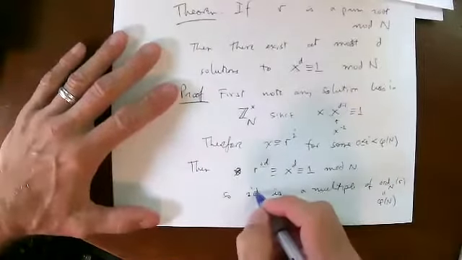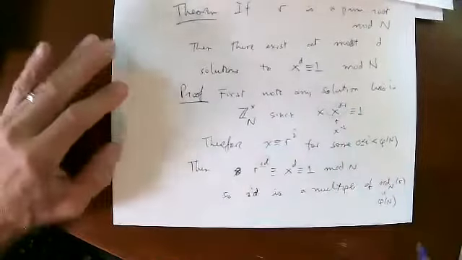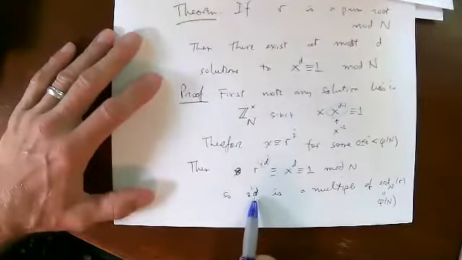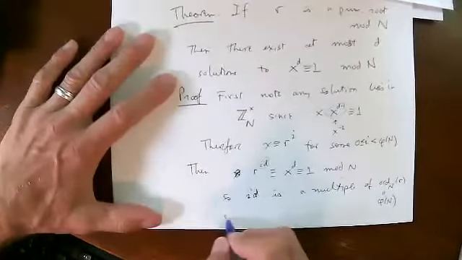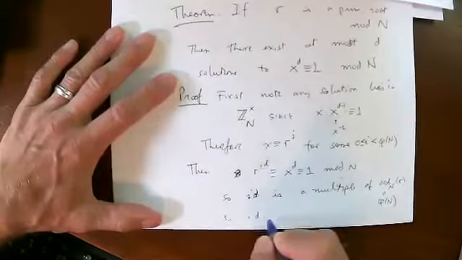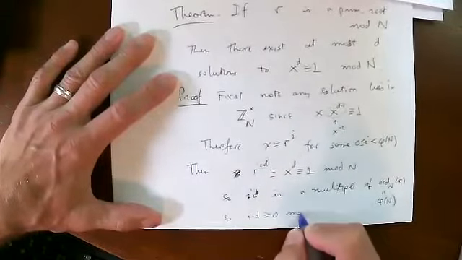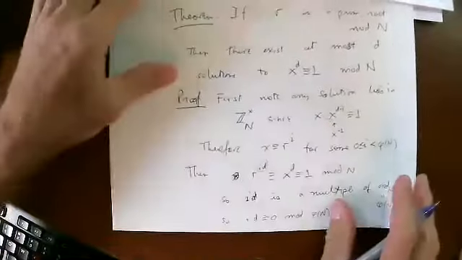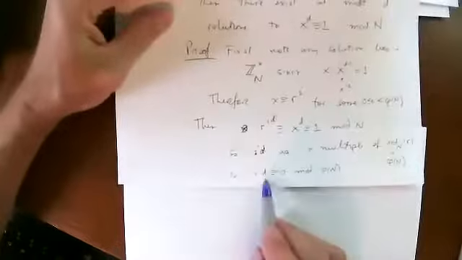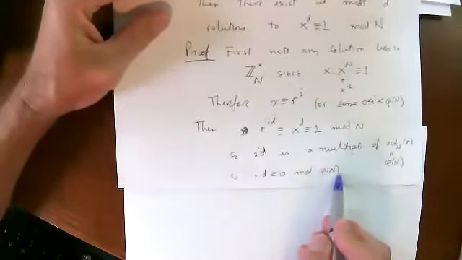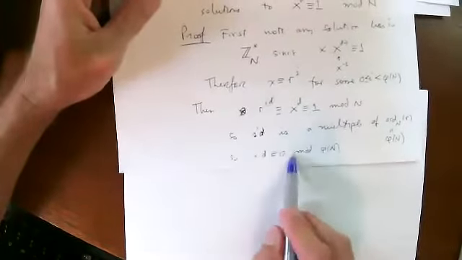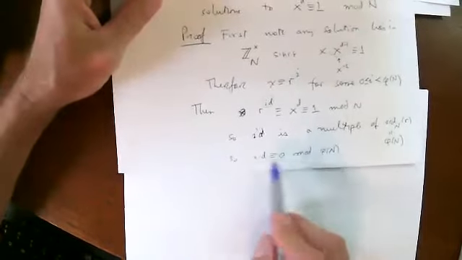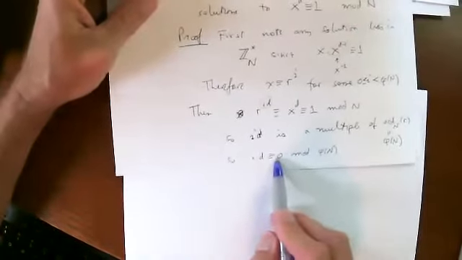All right, so how many such solutions are there? I'll write it this way: i times d is congruent to 0 modulo phi of n. Now, if you knew that, for example, d was co-prime to phi of n, then you could multiply both sides by the inverse of d, and you would discover that i just has to be 0.